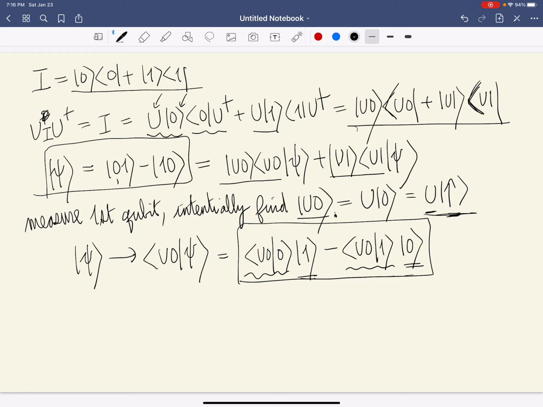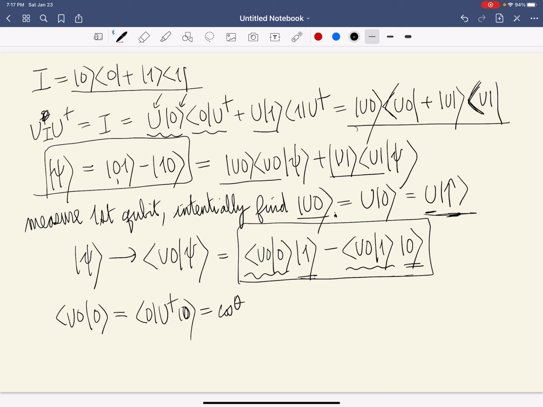Okay, actually these overlaps are easily calculable because this is 0, u dagger 0, and you know what u dagger looks like, and then the 0 is just a column vector with elements 1 and 0.